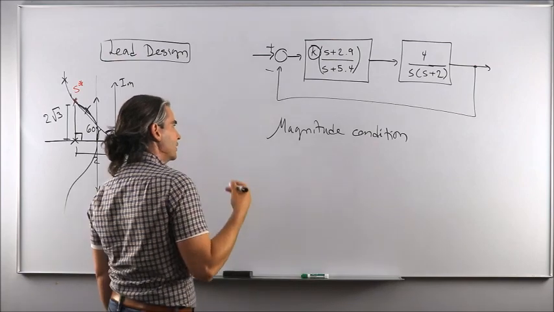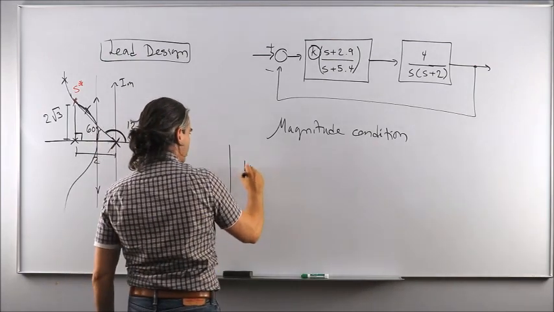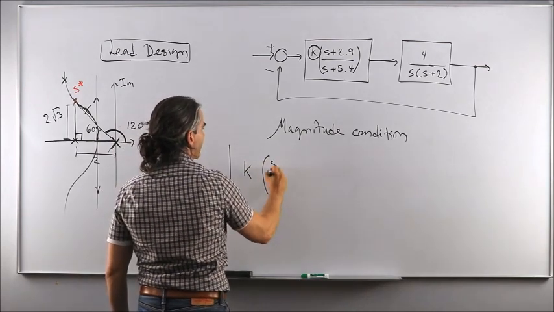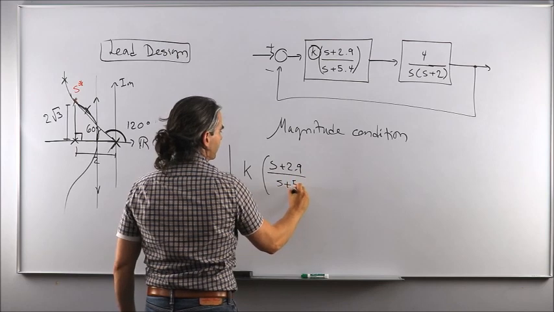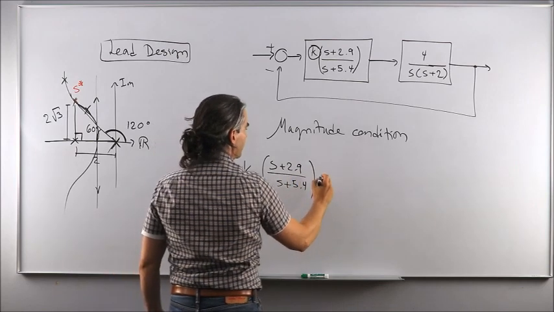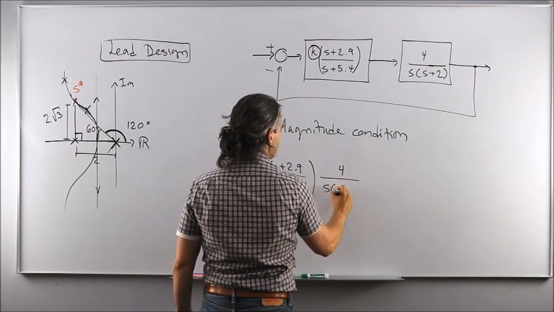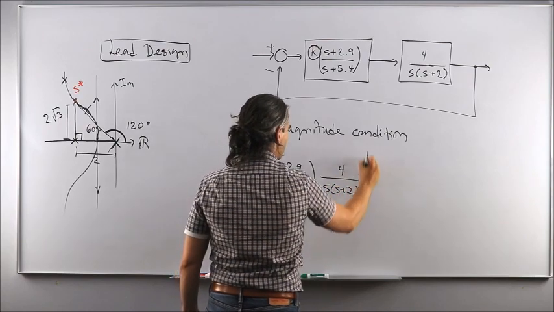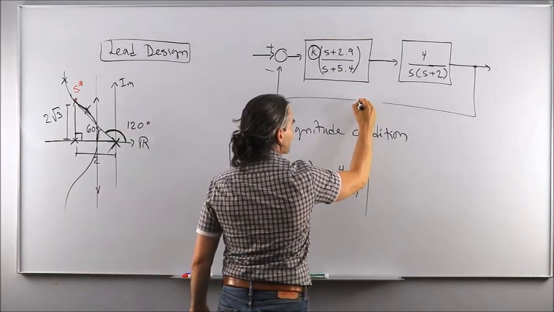Because the magnitude condition tells us that if you evaluate a transfer function, 2.9 S plus 5.4 times 4 over S, that's S plus 2. So in our case, evaluating the open loop transfer function, right?